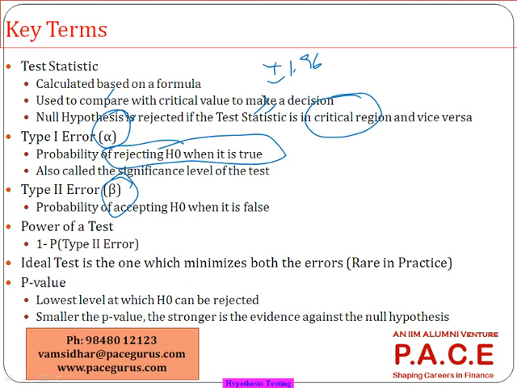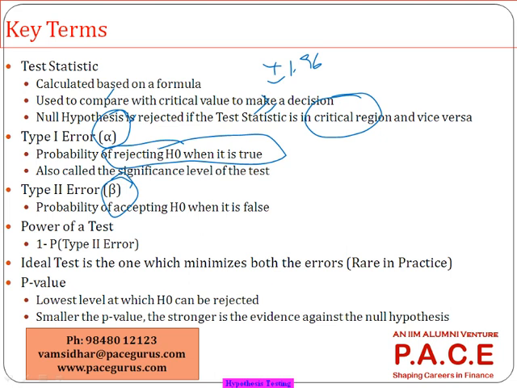That error is very much possible in the judgment process. So the chance of making such an error is what is called the type 1 error. And type 2 is nothing but relieving a person when he is guilty. When he is really not innocent, when he has to be punished, he is released. Even that kind of error is very much possible. That is the probability of a type 2 error or beta error.